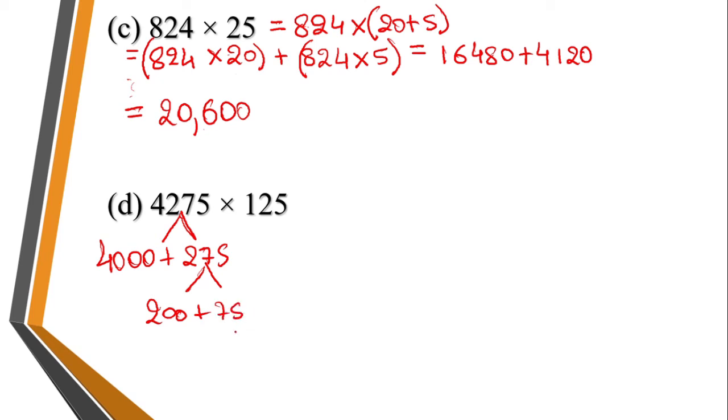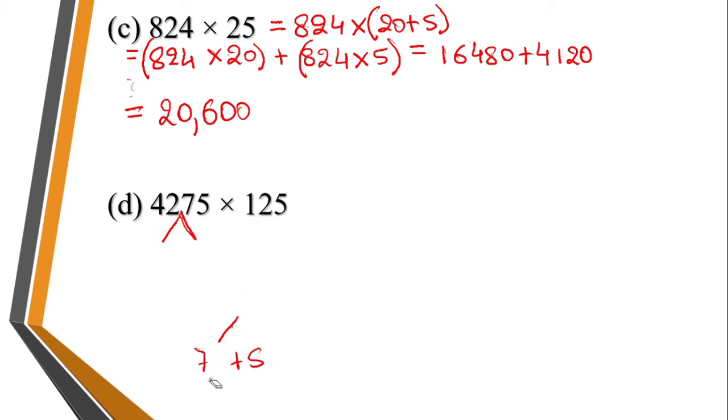Again we should split 75 and it will be 70 plus 5. So you can see here we have many zeros, but still we have four numbers. We have 4,000, 200, 70 and 5. So it's very difficult, right, to multiply and add. So here we will not split 4,275 because it's very difficult, right?